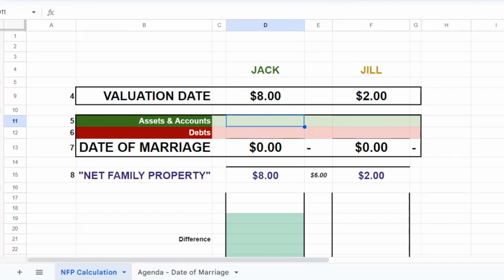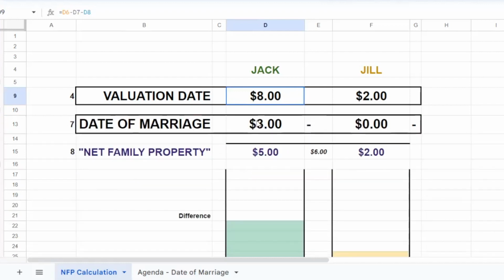So let's just make up a number. Let's say he was worth $4 with 1 debt. So that's 3. So all of a sudden, instead of being 8 as his net family property, his net family property is 5. 8 minus 3 is 5.